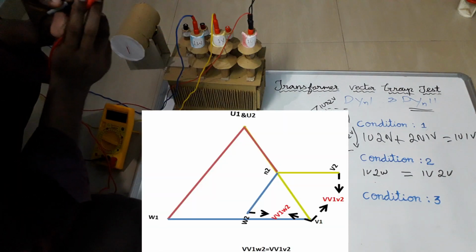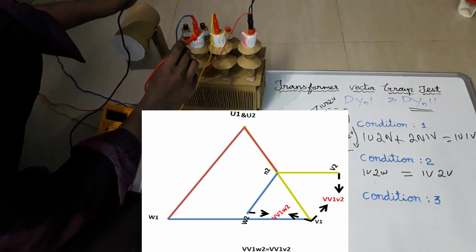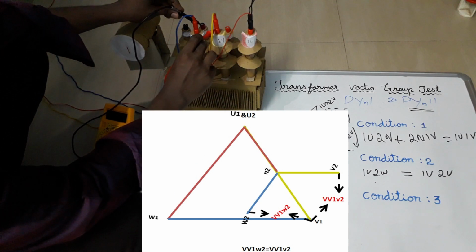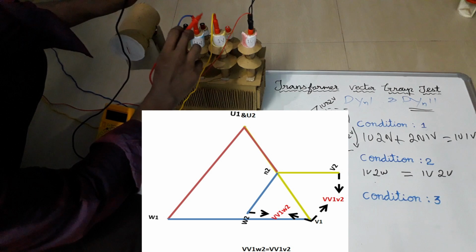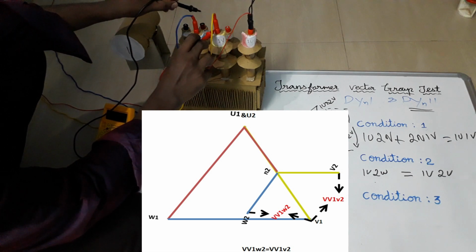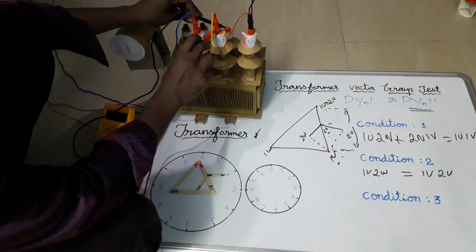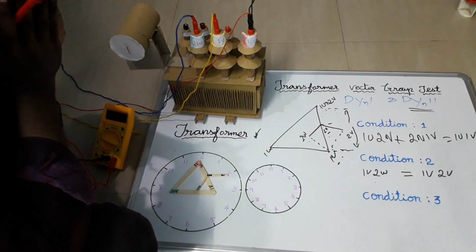For checking this condition 2, you have to check Y phase of your HV side and B phase of your LV side, that is 1V, 2W. It should be equal to Y phase of your HV side and Y phase of your LV side. These two values should be equal.